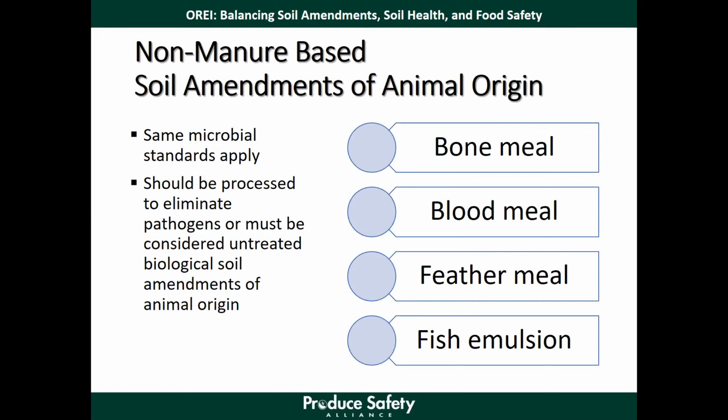And I will say, just from working with different types of soil amendments, a lot of these processed commercial products do meet one of those standards, whether it's the first standard I talked about with no detectable Listeria, Salmonella, or E. coli O157:H7, or that second standard that's more akin to composting.